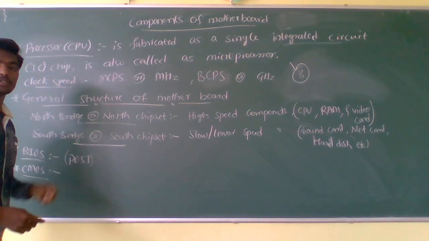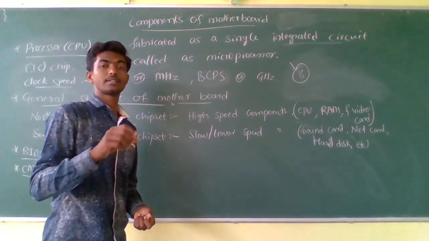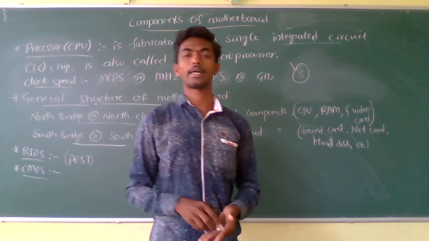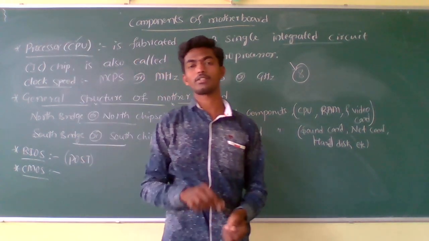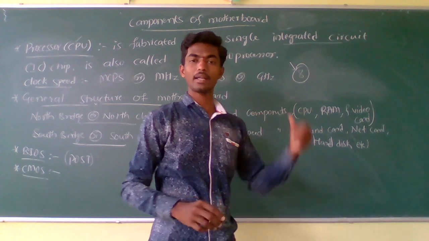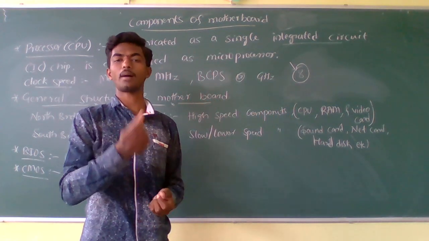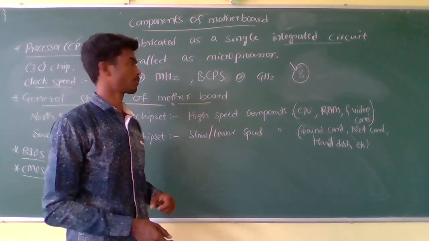The first one is a processor or a CPU. In the review of the block diagram of a computer, you have learned this topic. Again, let us discuss some other points in the components of a motherboard.